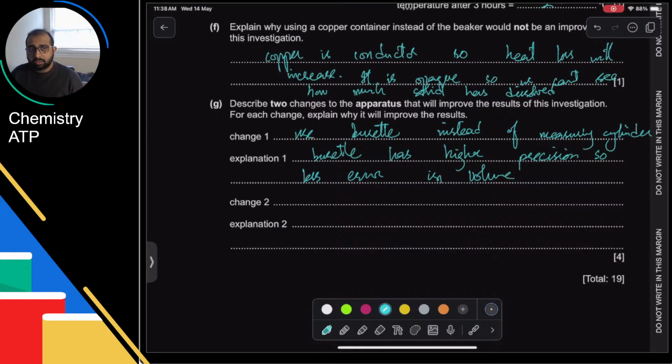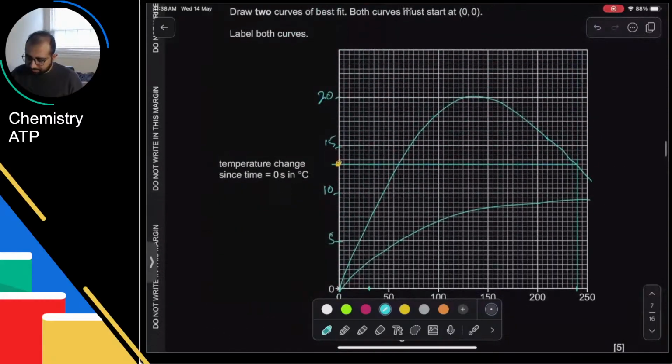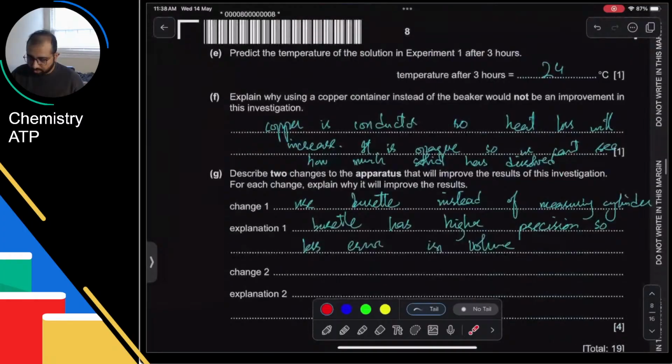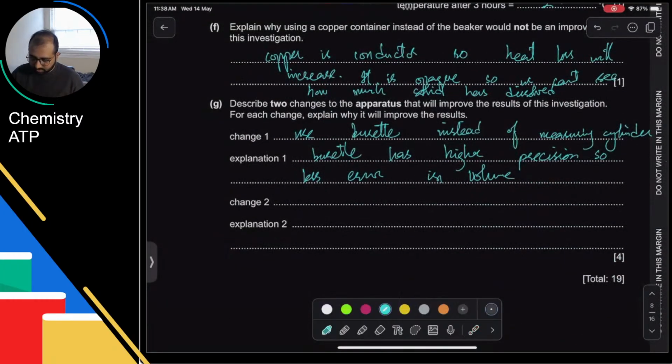Second, change 2. Notice that for experiment 2, this is very slow. So we might want to do it for a longer period of time, especially for experiment 2, right?